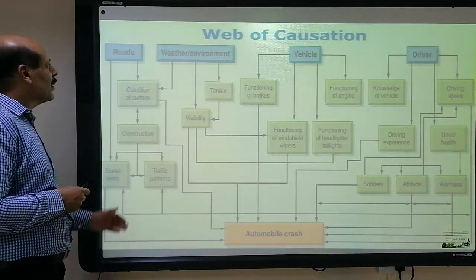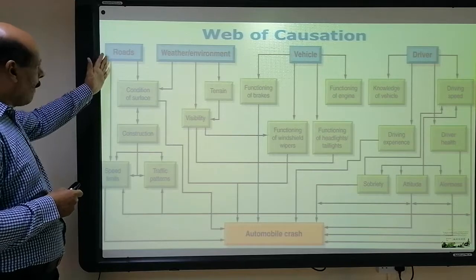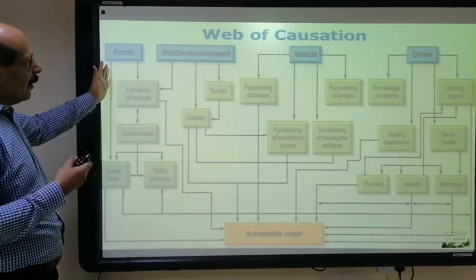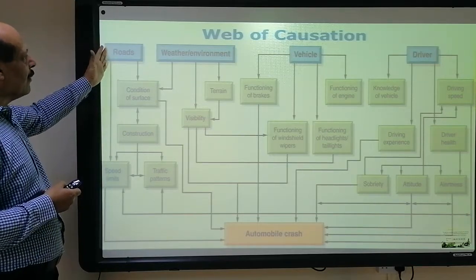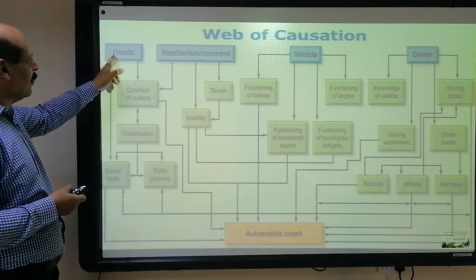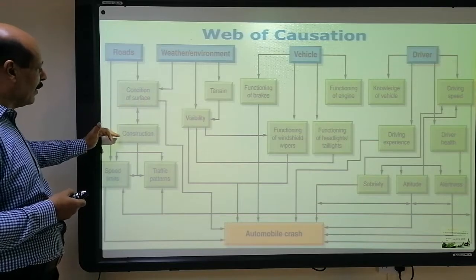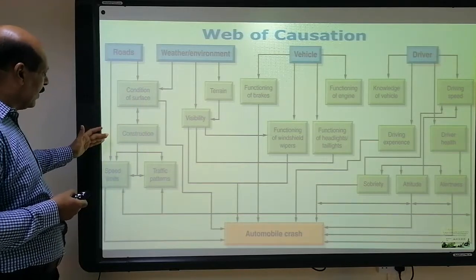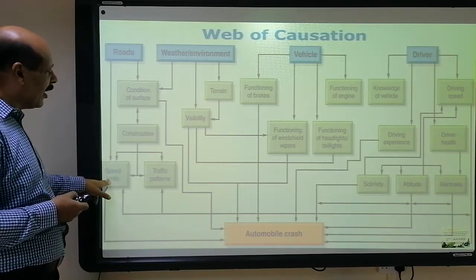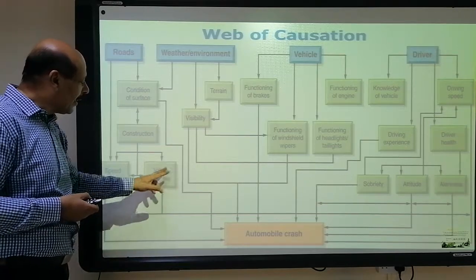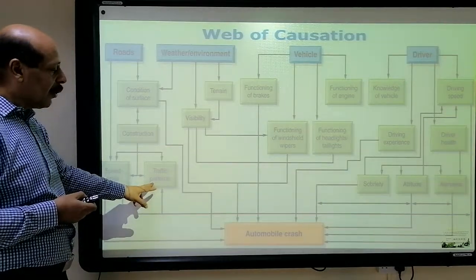Web of causation. Take the road traffic accident: we have the road, the condition of the surface of the road, construction of the road, also the speed limitation and the traffic patterns on the road.